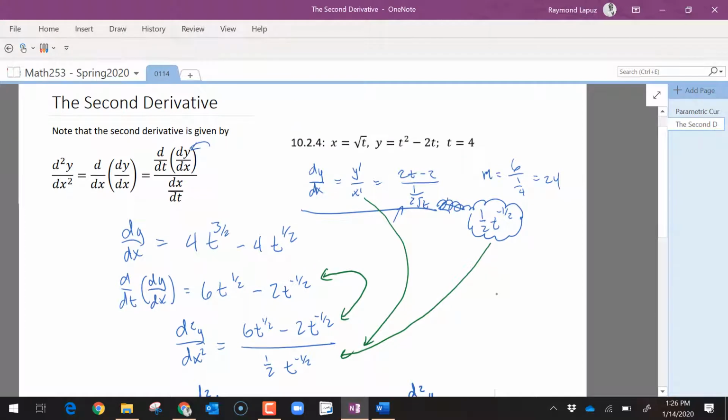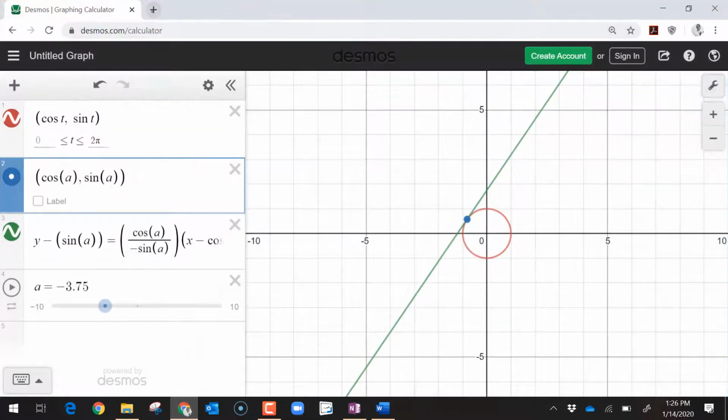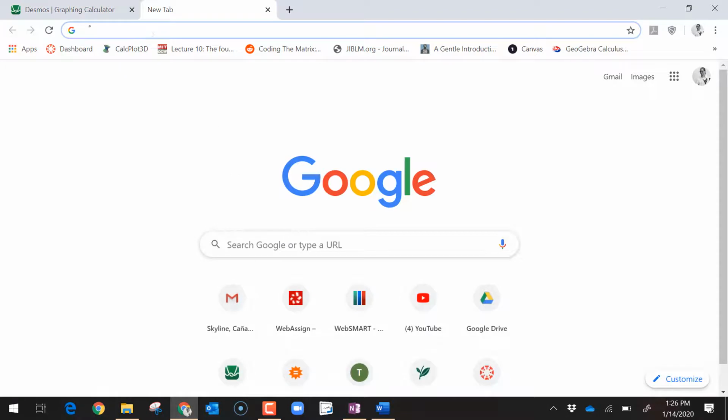Let's draw the graph. That's root t squared minus 2t. All right, let's see if we can draw it. Would Desmos graph it automatically, or we have to type it in? We have to type it in.